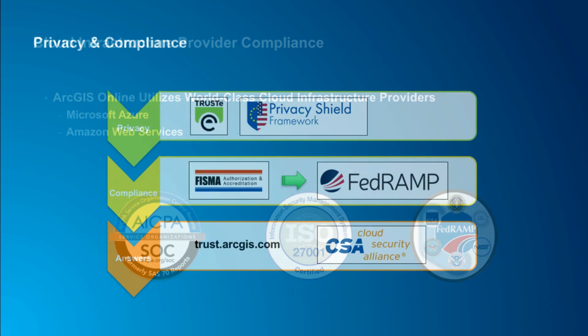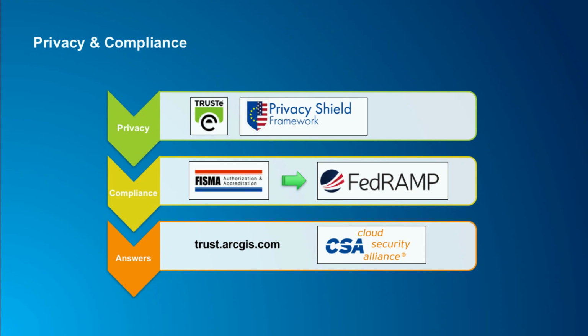And in terms of our own compliance on top of that, we have just recently in February gone through the self-assessment for Privacy Shield, which is the replacement of Safe Harbor for the European Union. We are FISMA accredited, which is, again, something with the US government, and we are working this year to go to FedRAMP, which is a slightly different and slightly more modern sort of accreditation system than FISMA.